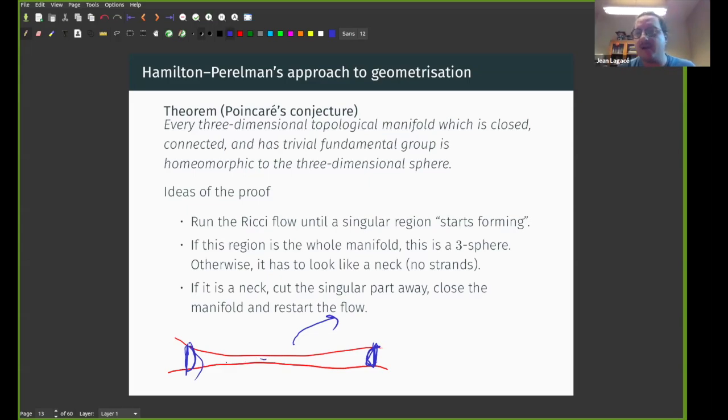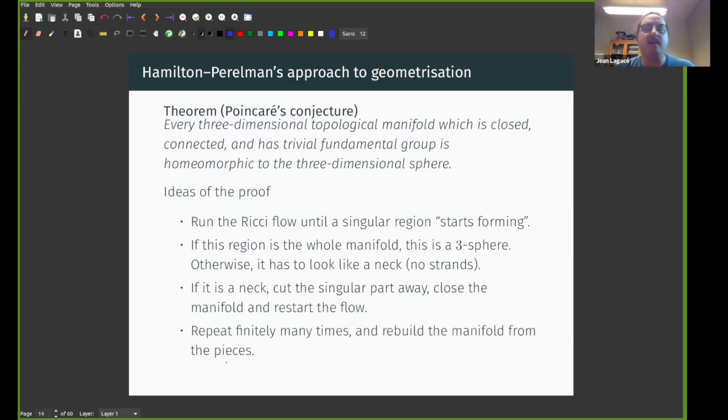And this second part will basically look like a cylinder that you hope will collapse to one thing. And the idea is to repeat this finitely many times. It's a hard part of the proof to show that this process cannot go on infinitely many times, and then rebuild a manifold from the pieces.